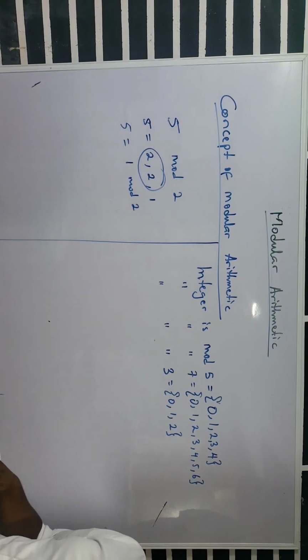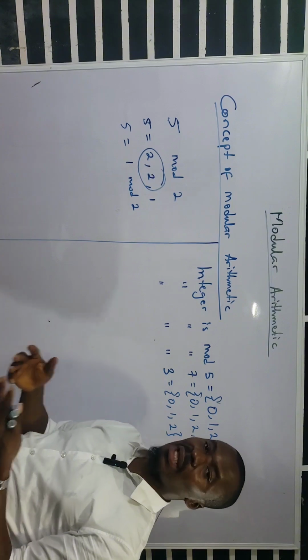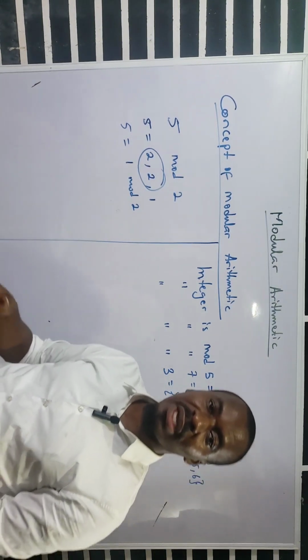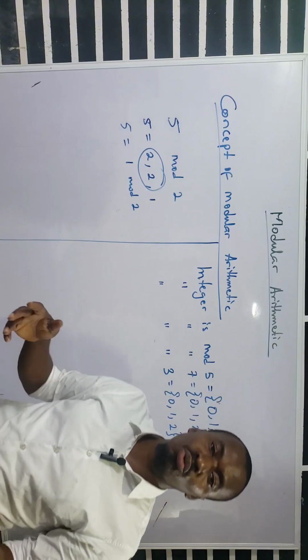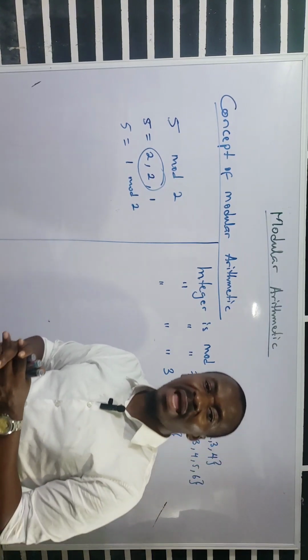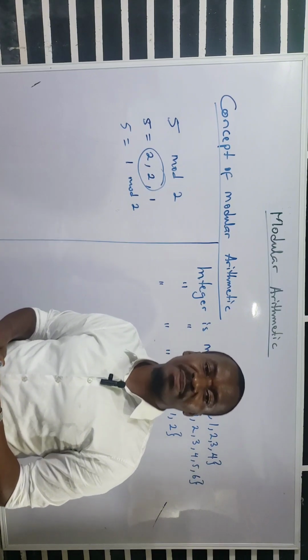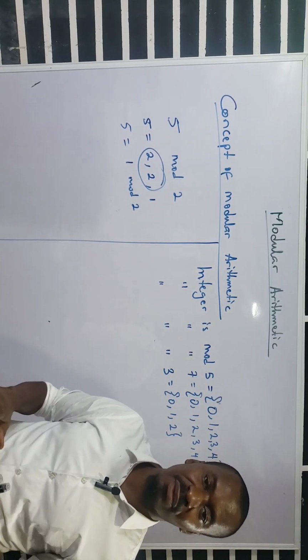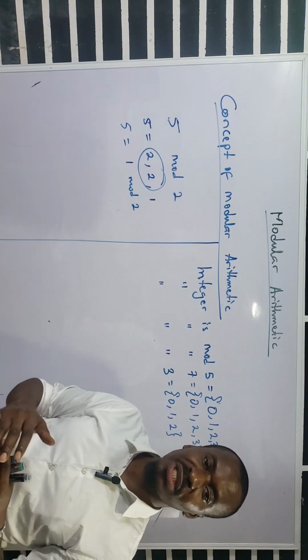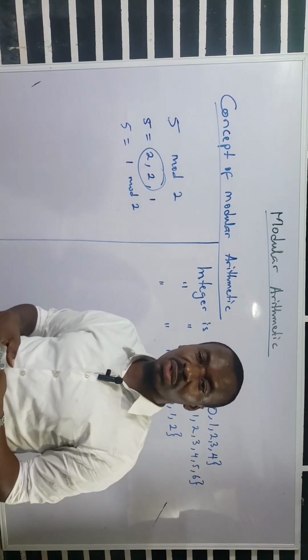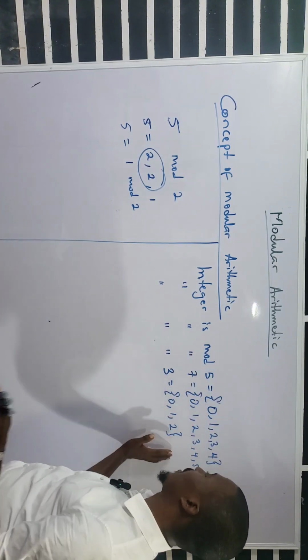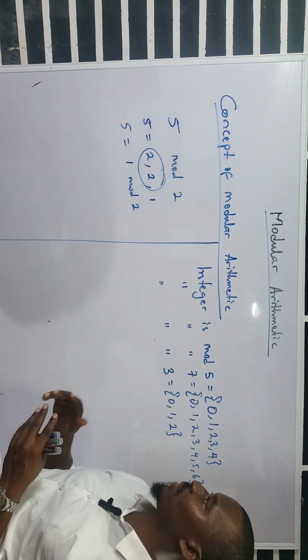Okay, that means if I'm trying to get my number in, let's say, modulo 12, that means the highest integer I'm going to have as my answer is 11. Okay, that's 0 to 11, which is 12 digits also. So this is the little idea about modulo.